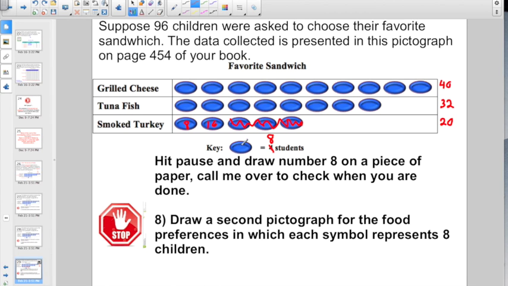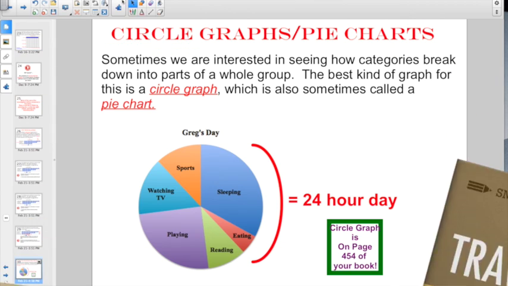Well, if each icon is representing 8, half of an icon would represent the last 4, right? So now let's go ahead and hit stop. Draw a second pictograph for the food preferences in which each symbol represents 8 children.